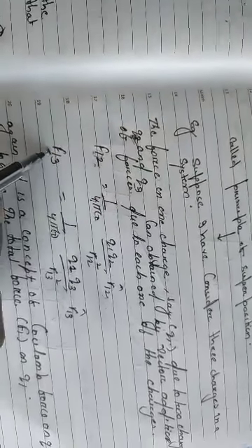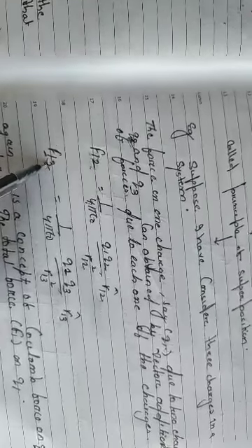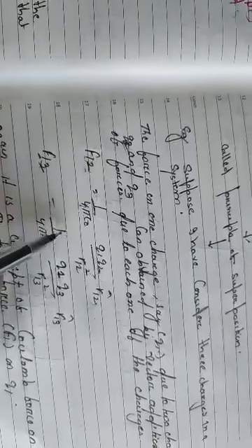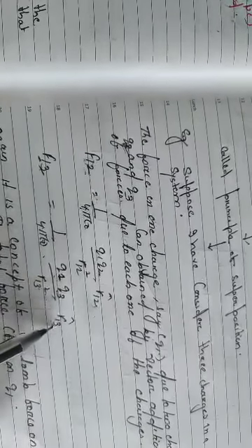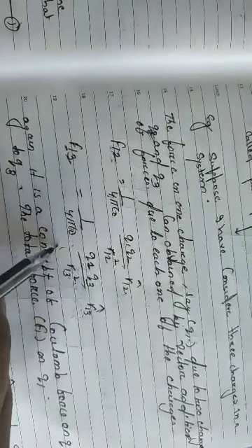The first charge experiences a force due to the third charge, so 1 by 4 pi epsilon naught Q1 Q3 by R13 square, R13 cap. Clear? So these are the two forces I have shown you, which are experienced by Q1 due to Q2 and Q3.